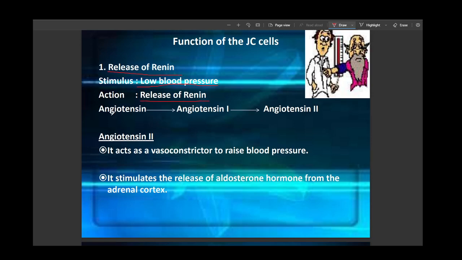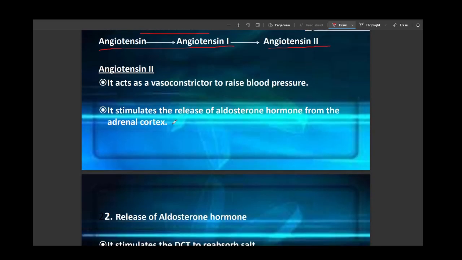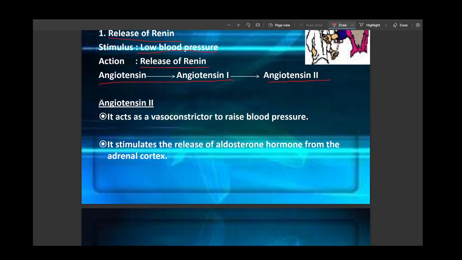Renin converts angiotensinogen into angiotensin 1. Then angiotensin 1 is converted to angiotensin 2 by the angiotensin converting enzyme, ACE. Angiotensin 2 acts as a vasoconstrictor to raise the blood pressure. It stimulates the release of the hormone aldosterone from the adrenal cortex.